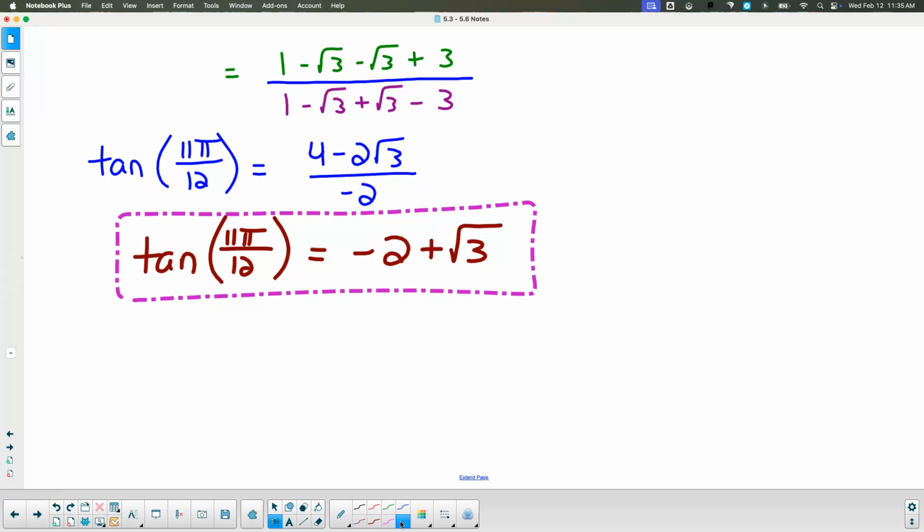You're going to get negative 2 plus the square root of 3. Promise. I'll look at it in a minute.